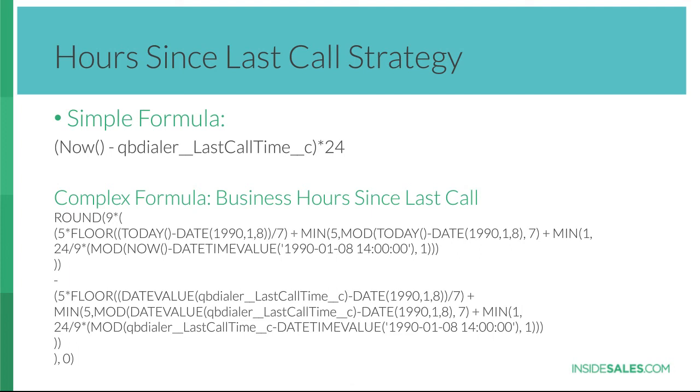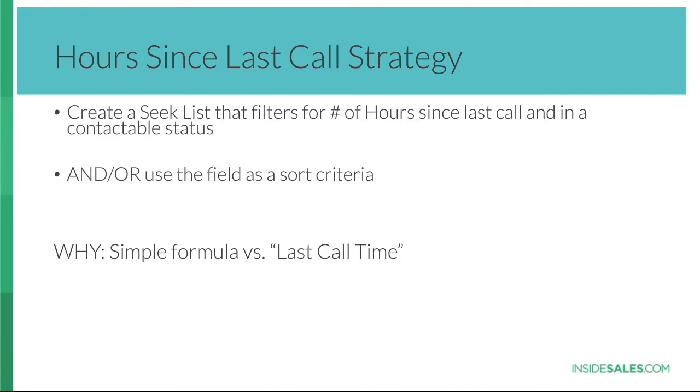Now, you do have the last call time already existing in Salesforce. Why would you implement this hours since last call instead of using the standard last call time field that's already there? The reason is simplicity. It's straightforward. It's a number, not a date. So from an end user's perspective, a rep, I can quickly see the number of hours.